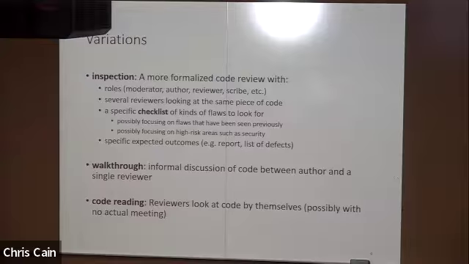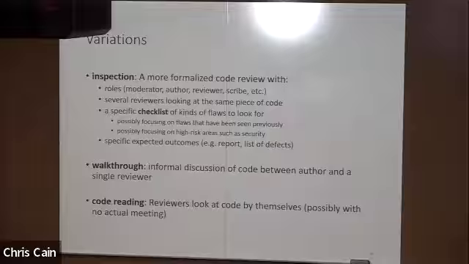There are also variations on the code review. So we should talk about the different levels of code review that we can go into. So an inspection is an even more formalized code review, where there are associated roles within that. So there's a moderator, there's the person who wrote the code, there's a reviewer, and there's the person taking notes about what the reviewer says to incorporate into that.